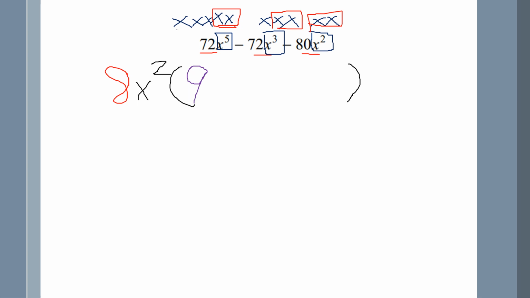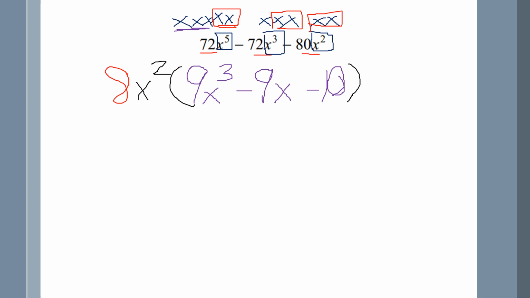How many x's do I have left? X to the power of 3. And to get negative 72, it's 8 times negative 9, but I'm left with 1 x, so it's going to be negative 9x. 8 times what gives me negative 80x squared, which is just negative 10 because I have no x's left.